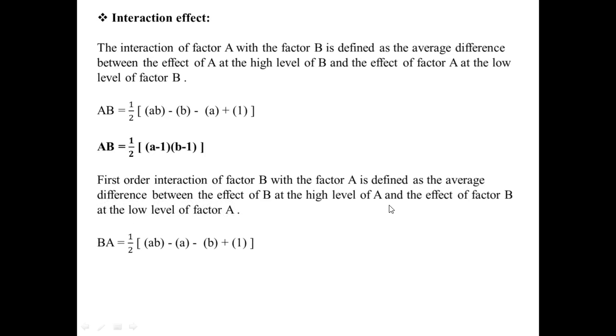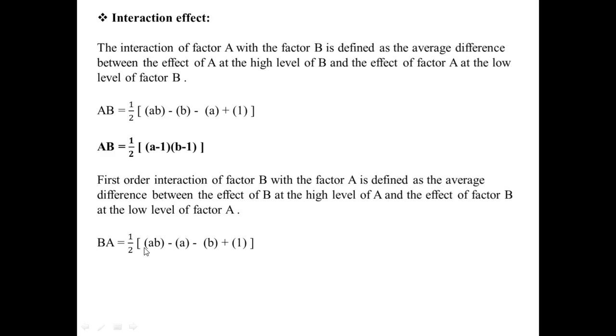So when we take the difference of equation 4 and equation 3, we get the interaction effect of factor B with factor A. It is denoted by B into A and it is 1/2 in bracket (AB - A - B + 1).